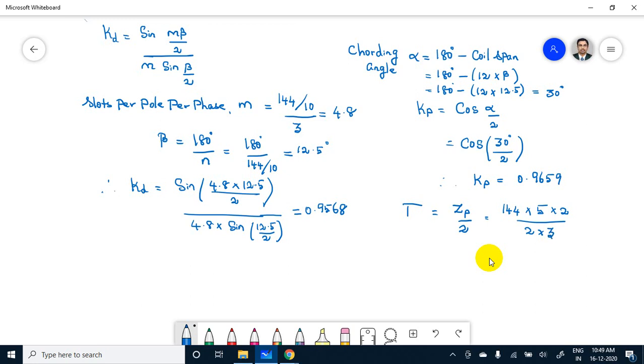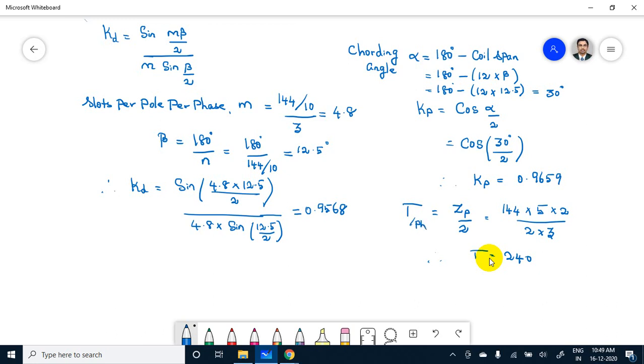This 3 stands for number of phases. This 144 stands for number of slots, 5 conductors per coil in each slot. This 2 stands for both sides, because in a hydro generator it should be connected on both sides. So 144 into 5 into 2 divided by 2 into 3. Therefore T equal to 240. This is number of turns per phase.